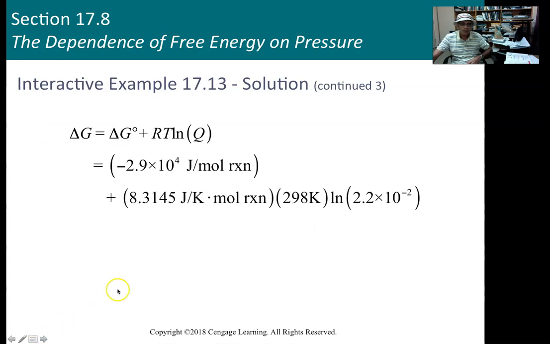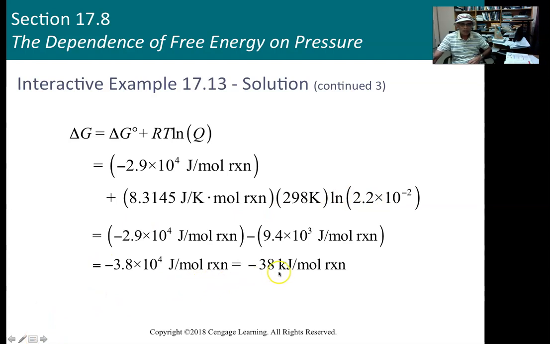So now we bring all the terms together. So this is minus 2.9 times 10 to the power of 4 plus RT, and the natural log of 2.2 times 10 to the power of minus 2. So here we go, and that gives us this term here, minus 38 kilojoules per mole.